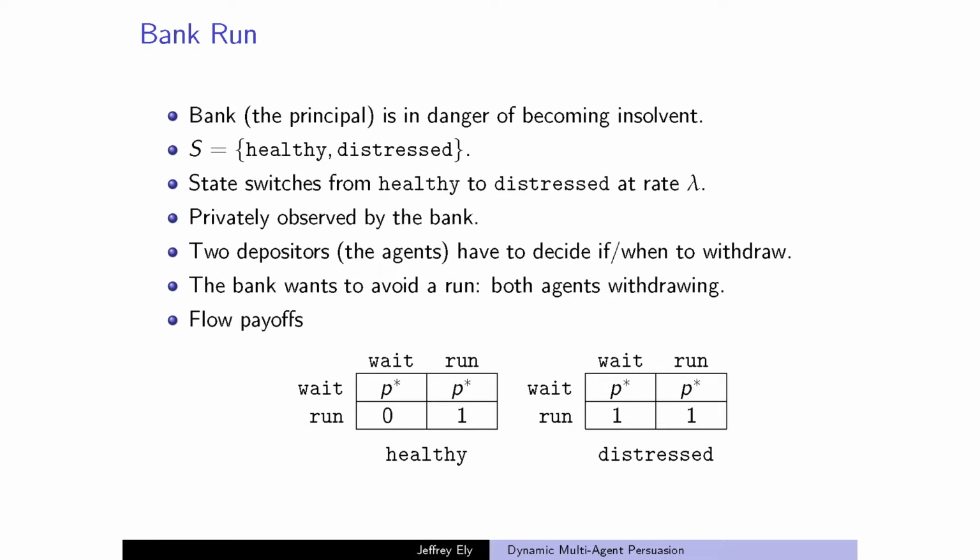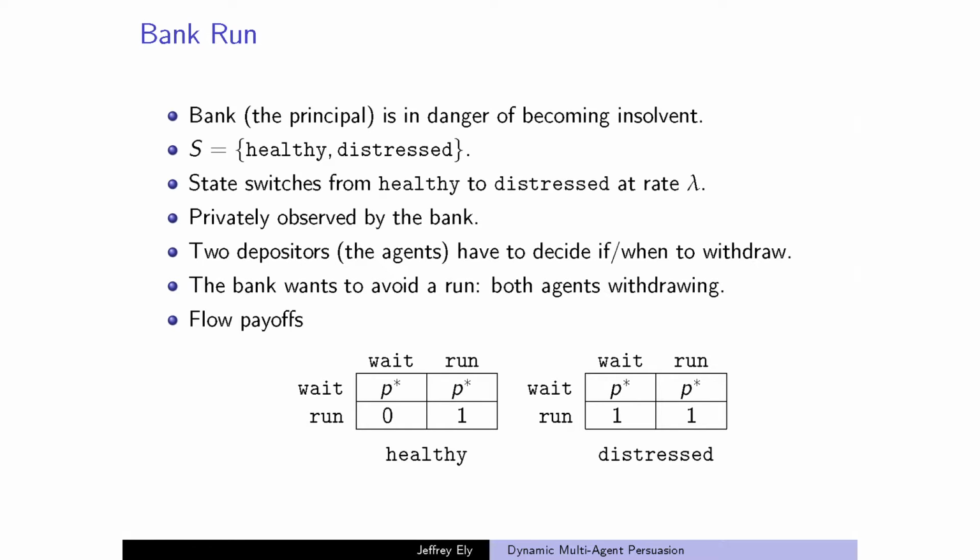So a number of new issues arise when there are two agents or more. Okay? The first is that, as I mentioned, it's not just the first-order beliefs, but also the higher-order beliefs that matter. The other is that, of course, the players are going to be playing a game with one another.